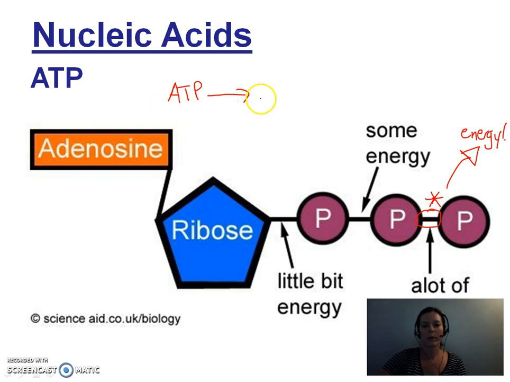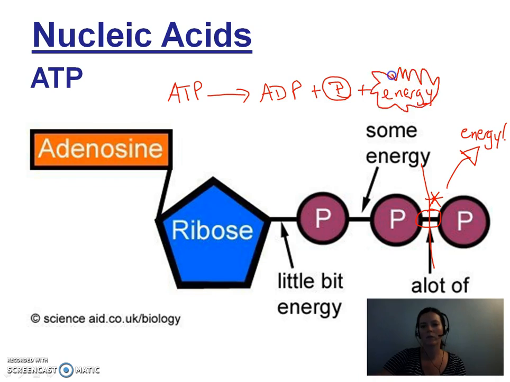So this ATP can get broken into an ADP, adenosine diphosphate, when you cut one of them off, plus now that single phosphate that's hanging out by itself, plus a huge amount of energy. This energy is used by our body cells to do work.